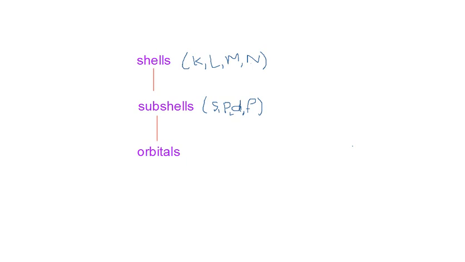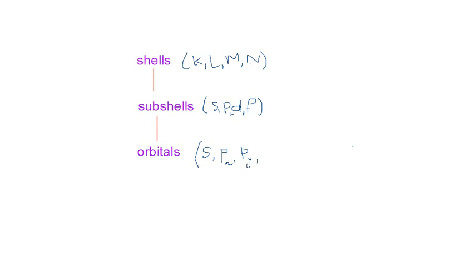S, P, D, F. And coming to the orbitals, what have we seen? S, and in the case of the P subshell, Px, Py, Pz.